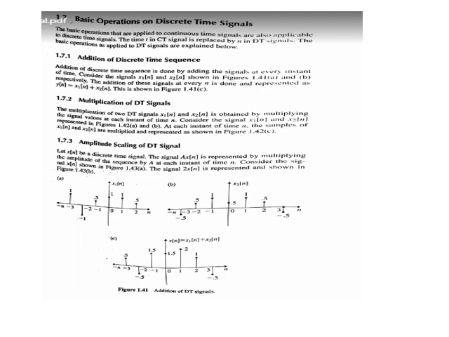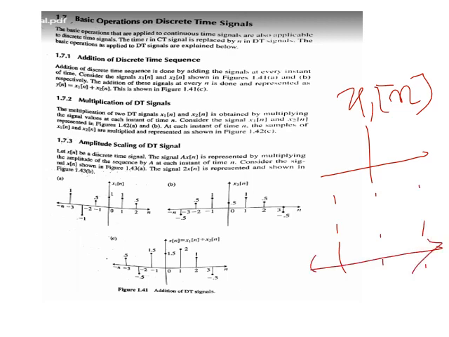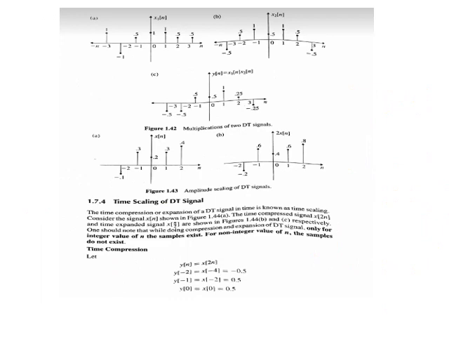Addition of discrete time signals, multiplication of discrete time signals, amplitude scaling of discrete time signals, all of it is done by projection. See here, I will draw x1 of n, and next to it I will draw x2 of n, and by using projection I will find the resultant. So these 3 diagrams will help you to understand the concept properly that we have already seen. Next one is multiplication. Again the same thing. How do you multiply x1 of n and x2 of n?